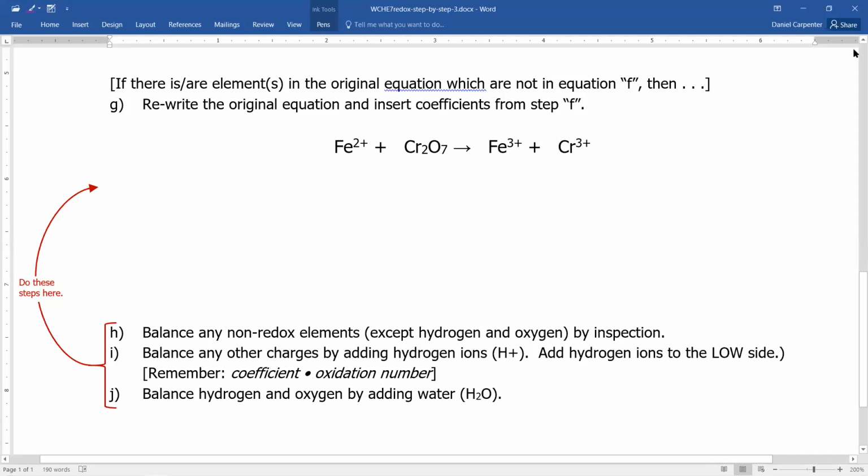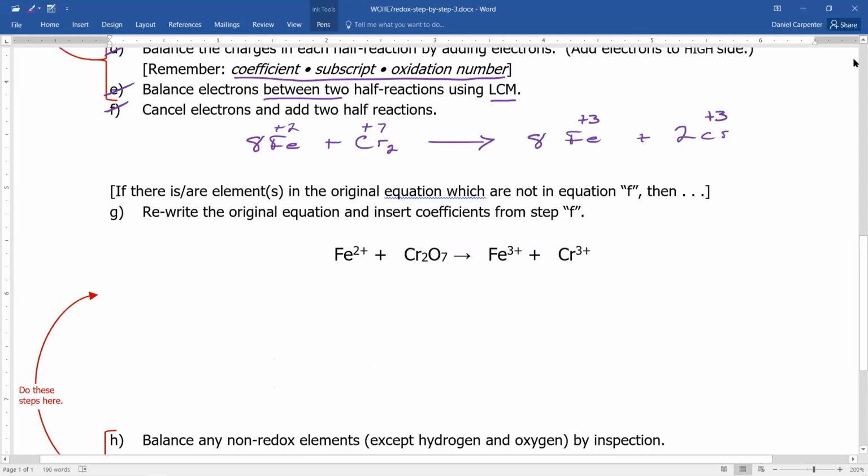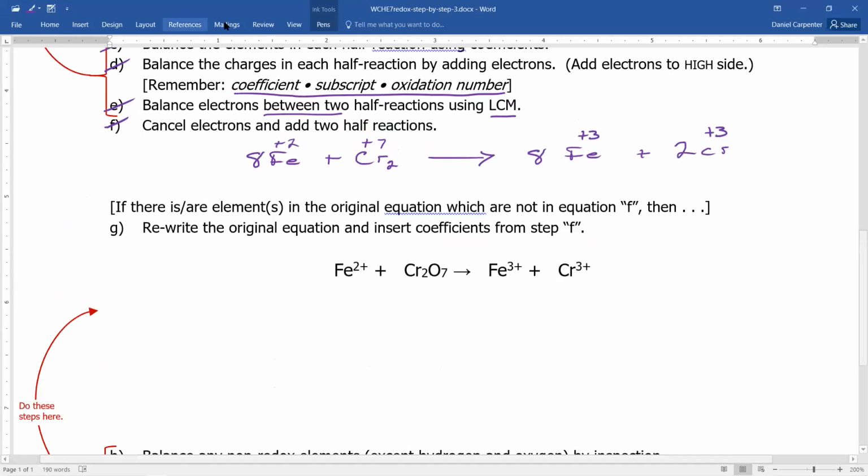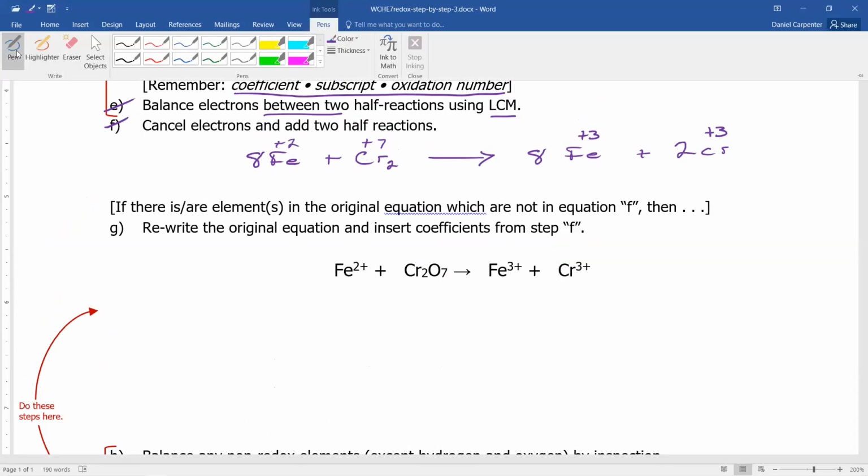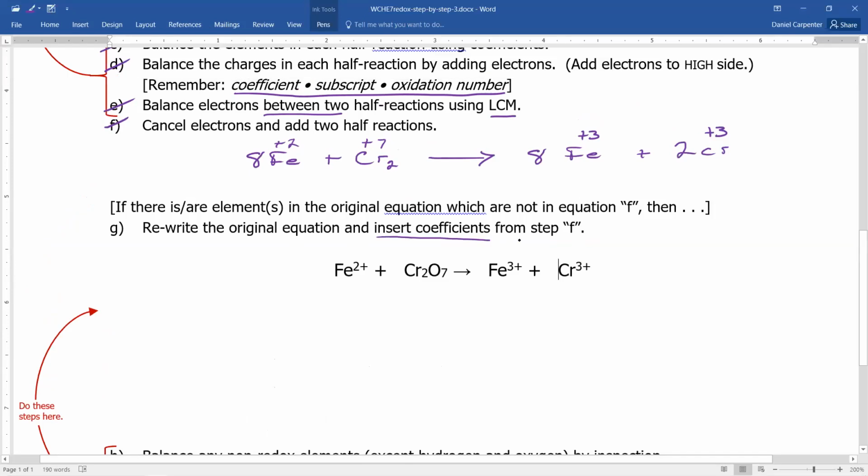Now we can add our, so now we insert the coefficients from step F. So 8 in front of Fe2+, understood 1 in front of Cr2O7, 8 in front of Fe3+, and 2 in front of Cr3+.